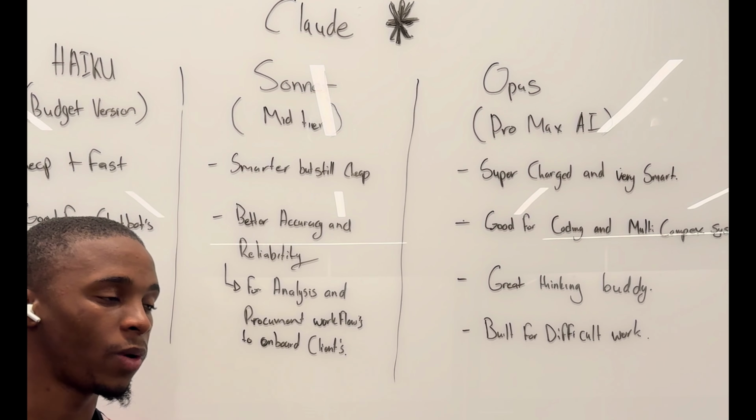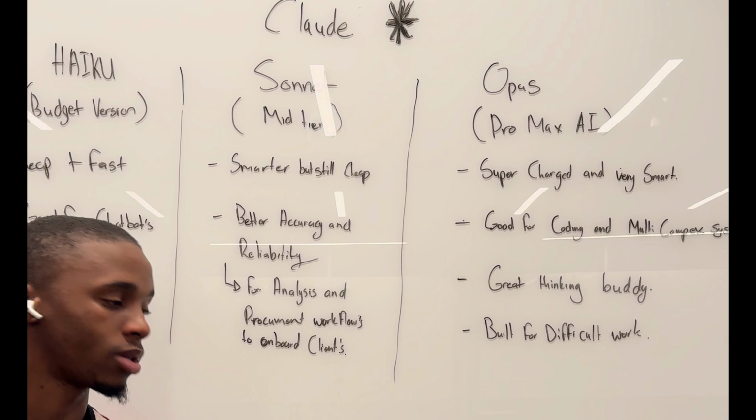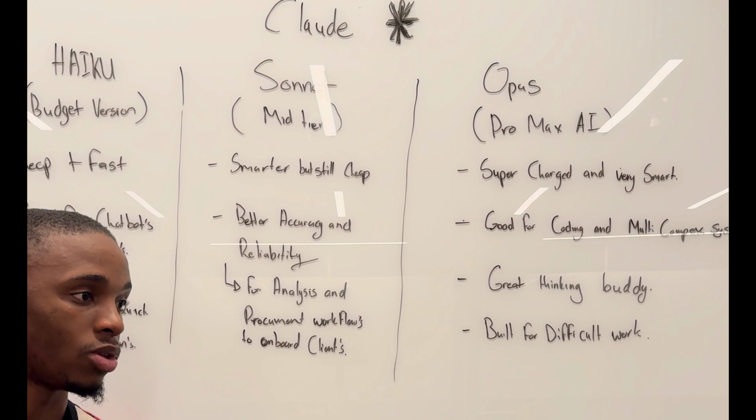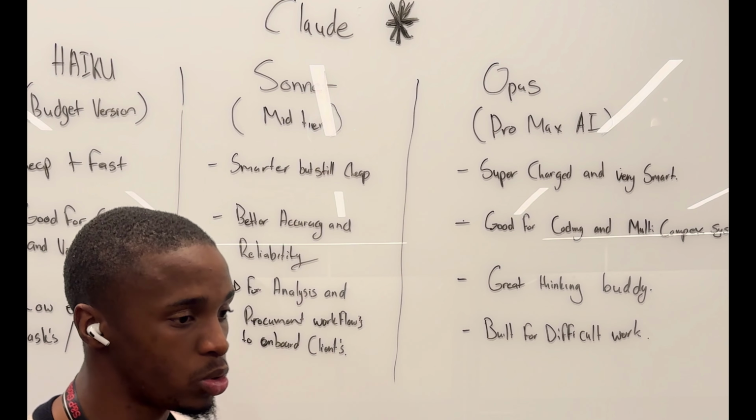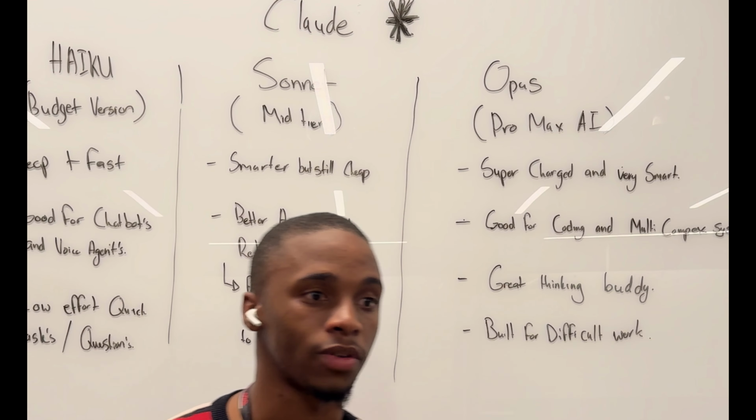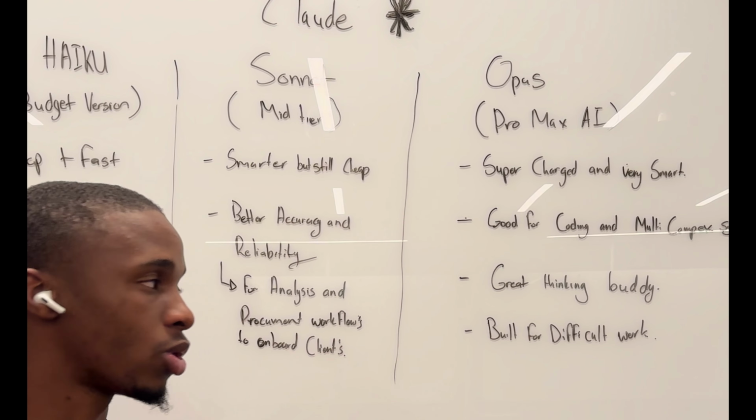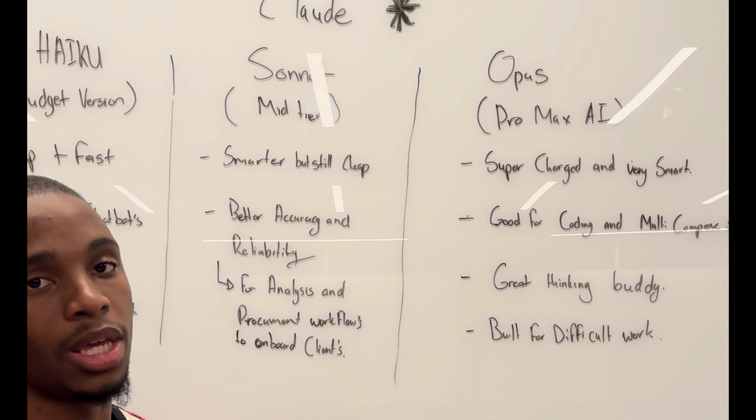But if you need a quick answer, if you need a quick spreadsheet, or you need some AI to look at a quick document for you, then you can just look at the Haiku version and it'll give you basic answers based on your stuff. But if you need to do some very difficult work, if you need a lot of complex systems that you can give to it so it can help you understand them, then Opus is your friend.